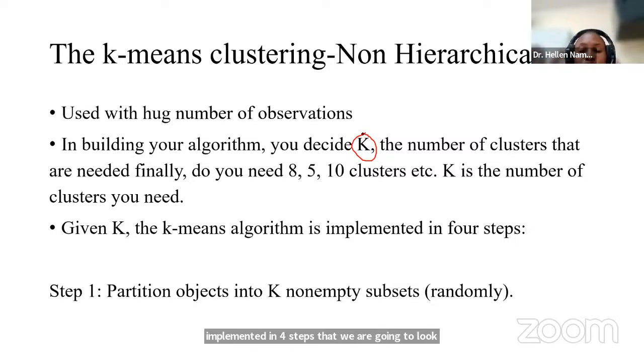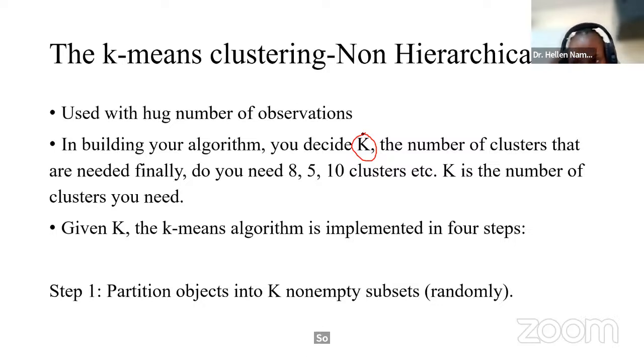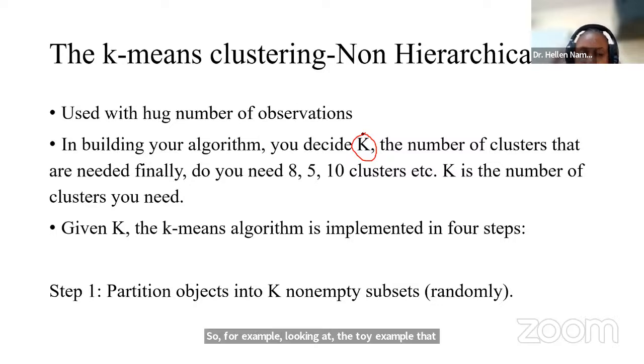All right. So step number 1, you partition your objects into k non-empty subsets, but you do this randomly. So, for example, looking at the toy example that we looked at earlier, how many clusters do I need?